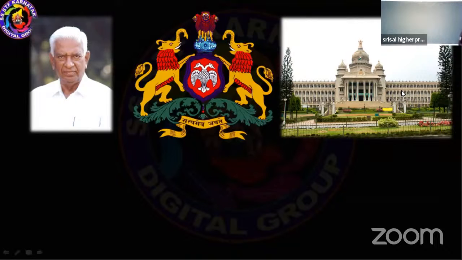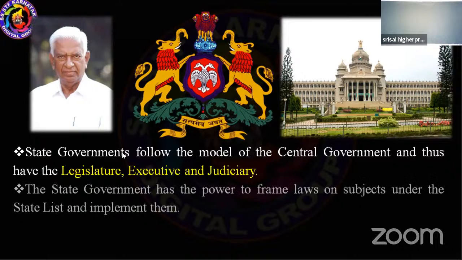This is the Vidhana Sabha, in which the entire state government work runs. The state government follows the model of the central government and thus has the legislature, executive and judiciary.